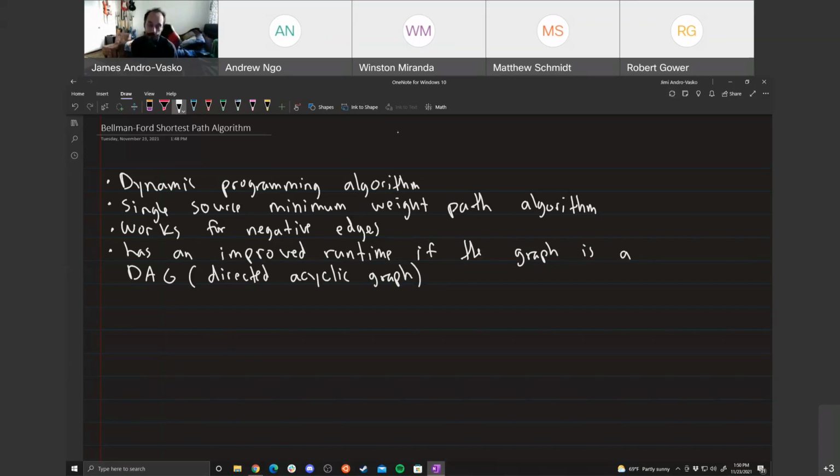So the graph is directed and acyclic. It actually has a better runtime than Dijkstra's, which is kind of cool. I was told by a professor that most graph problems are directed acyclic in general, so this is pretty applicable. But I'll cover the generic example, and if I have time today and Tuesday, I'll also go over this improved version.